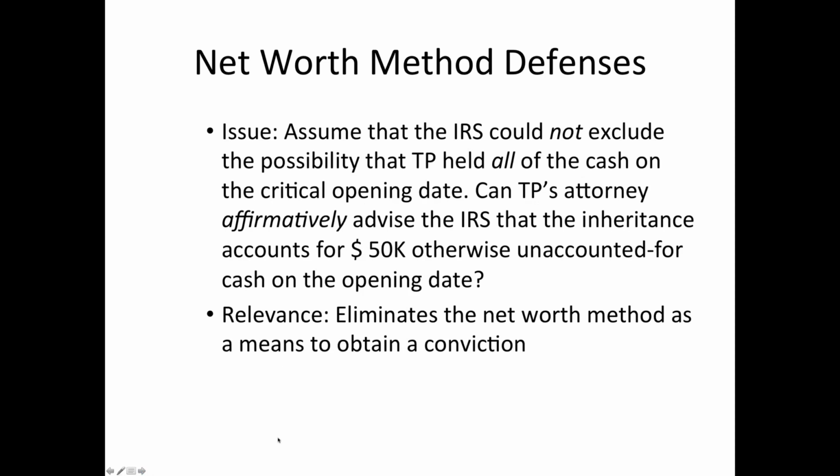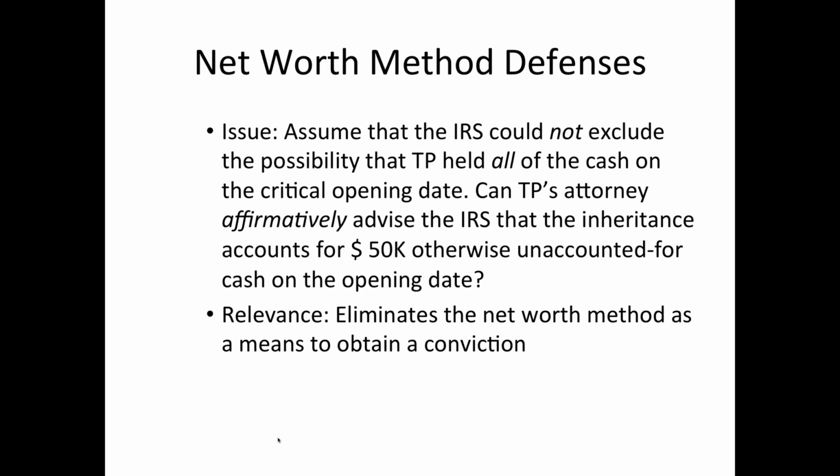The issue here is, assume that the IRS could not exclude the possibility that the taxpayer held all of the cash on the critical opening date. Can the taxpayer's attorney affirmatively advise the IRS that the inheritance accounts for $50,000 of otherwise unaccounted for cash on the opening date?